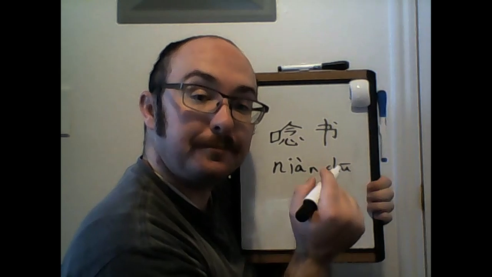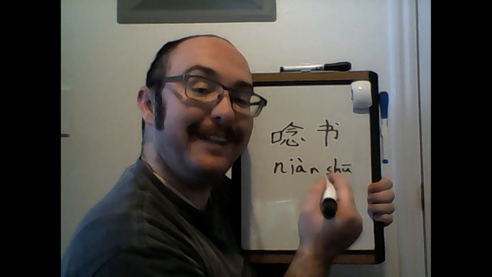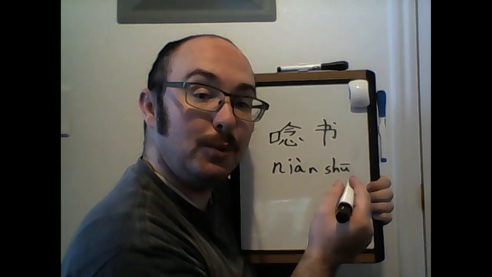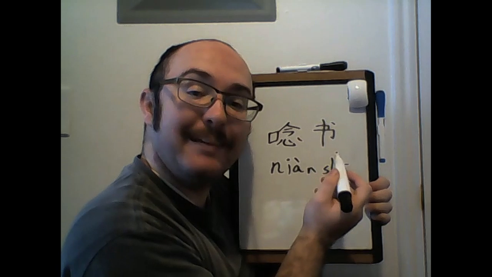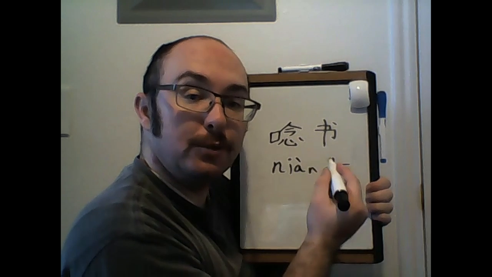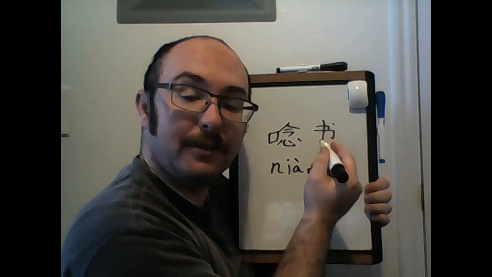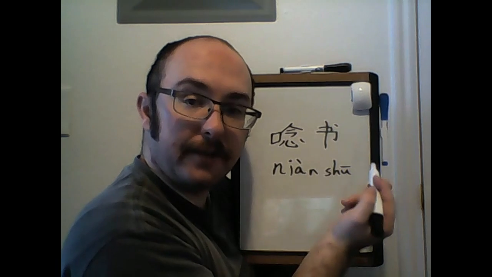So you might do this in school, or at home for school. And again, you can always replace that shu with the name of a book. So that shu is just the default object for that verb.